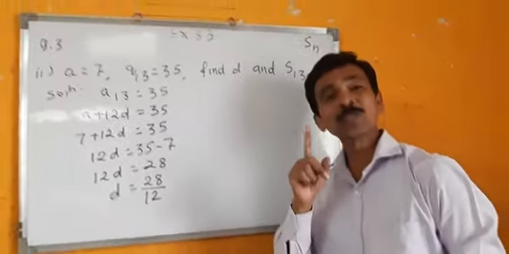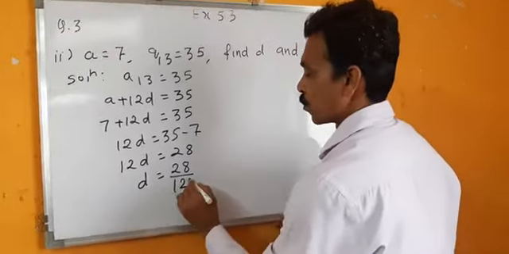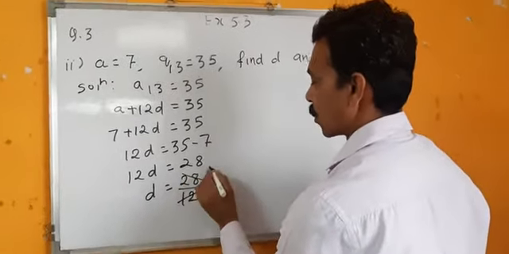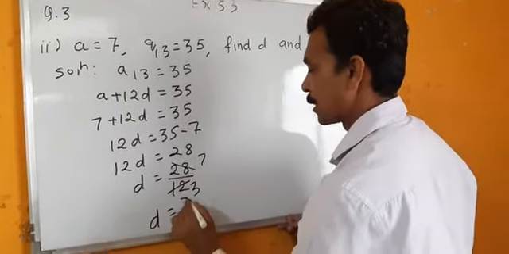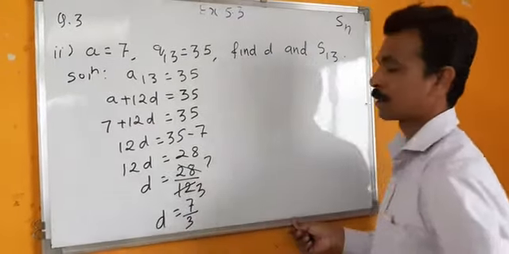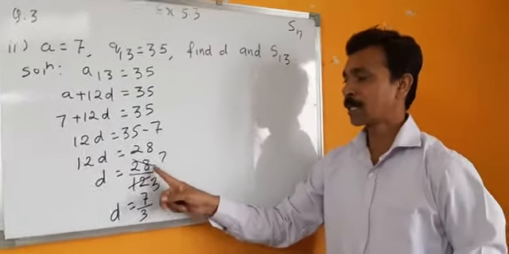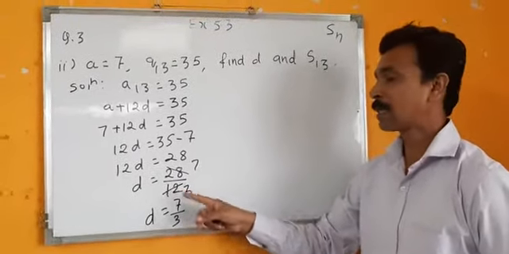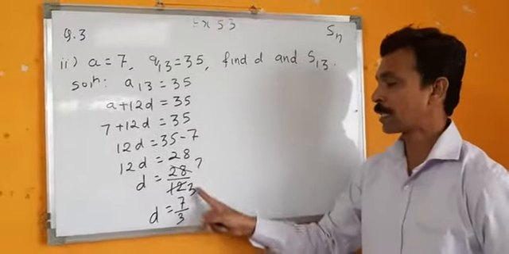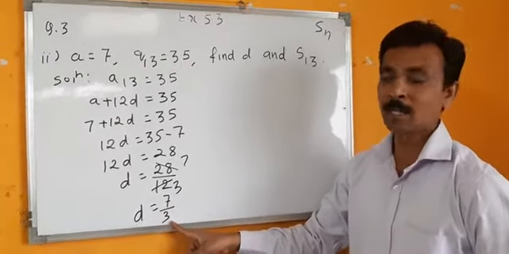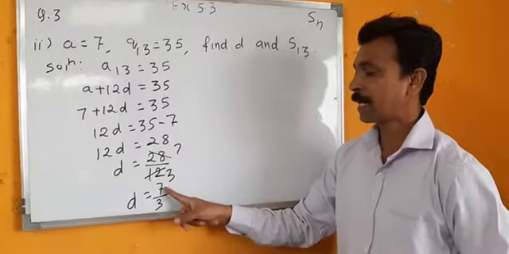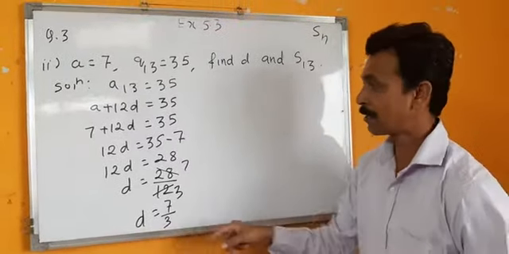If possible, reduce to its lowest terms. In 28 upon 12, both numbers come in the table of 4. 4 3s are 12, which will remain in the denominator, and 4 7s are 28. So d is equal to 7 by 3.